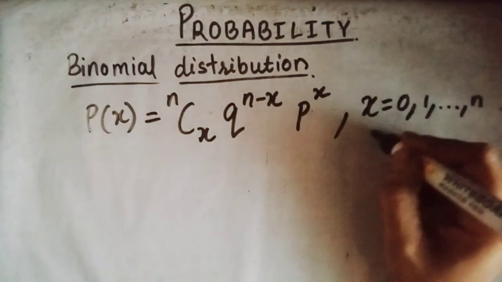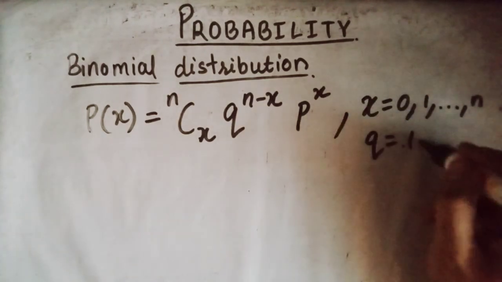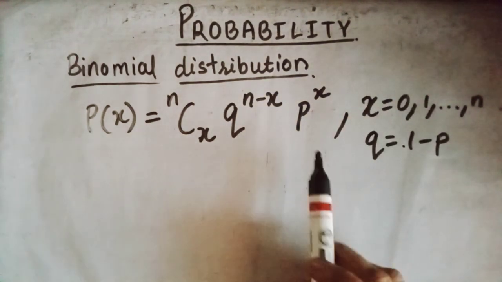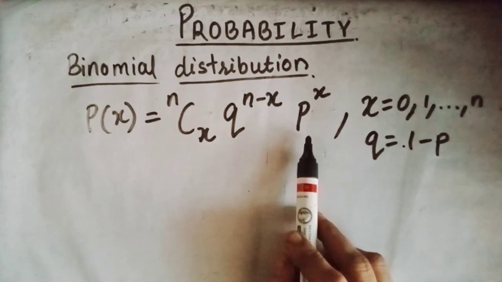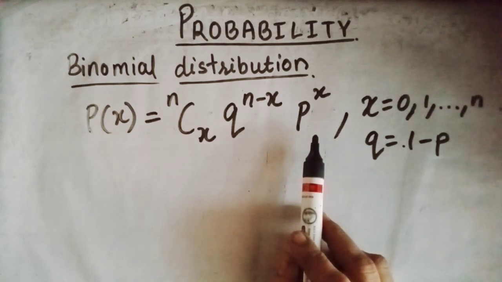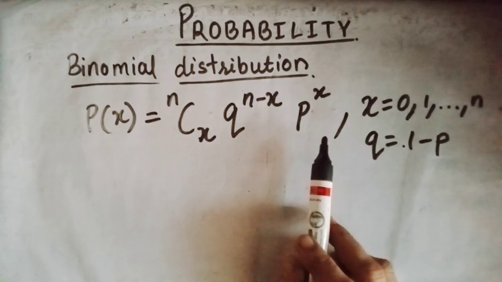And q is failure, that is 1 minus p, and p is your success. This is called the probability function of the binomial distribution.